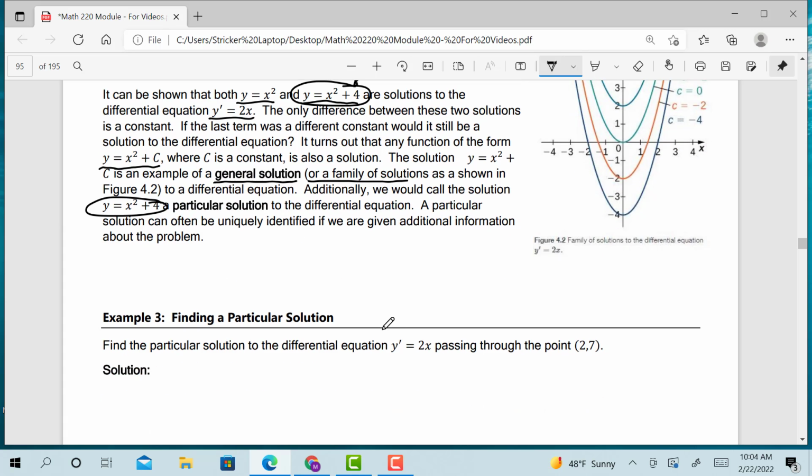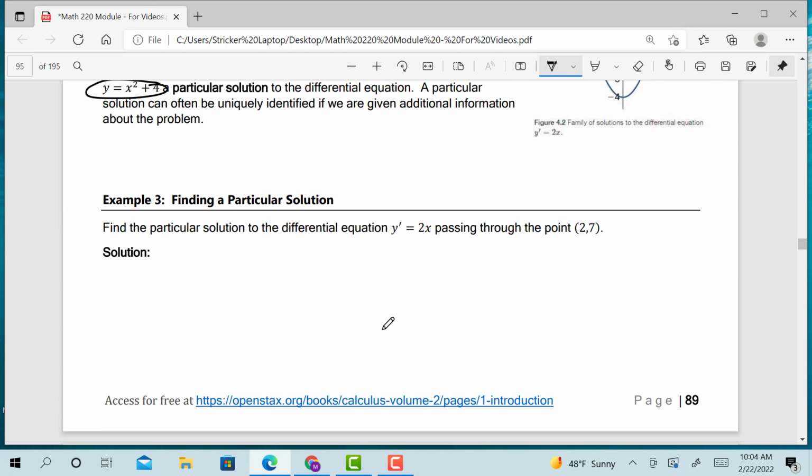Let's go ahead and see how we can actually find a particular solution. Example 3 is an example of that. It says, find the particular solution to the differential equation y prime equals 2x passing through the point (2, 7).